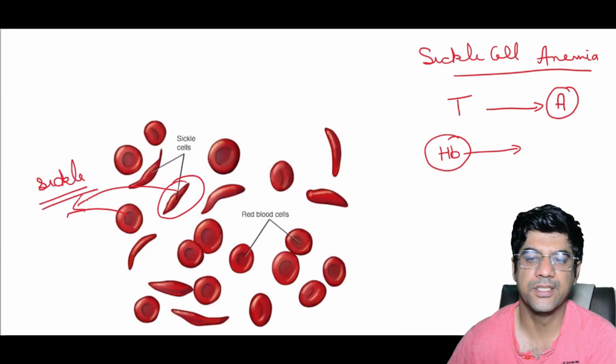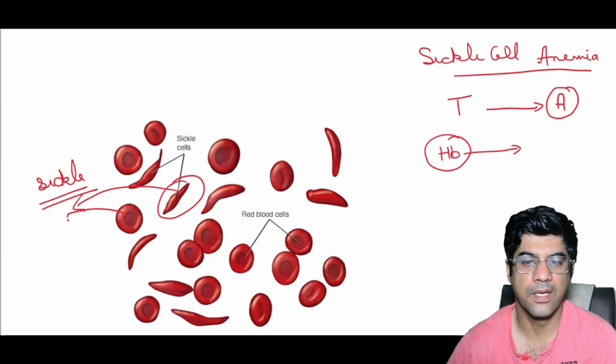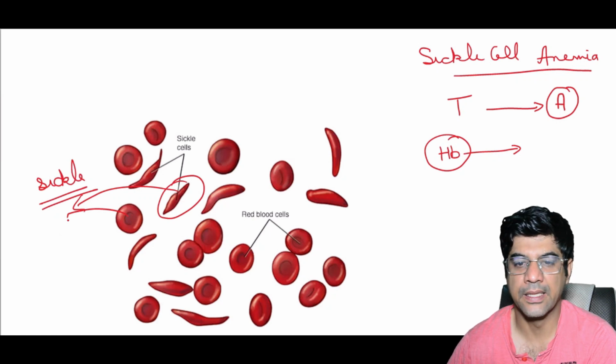The sickle shaped cells are not only less flexible, but they also stick and break apart more easily than normal red blood cells.